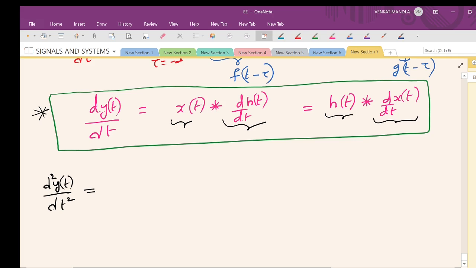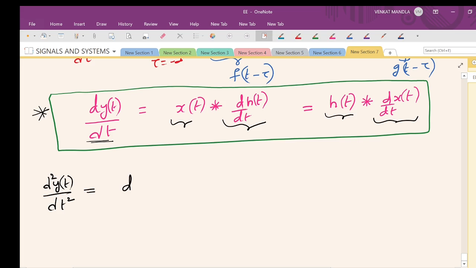Then you can differentiate either of the signals one time. So here we have x of t and d by dt of h of t, right? That is dy by dt. We are differentiating this one. Let us say some other signal, w of t, dw by dt. So we have to differentiate one of the signals.